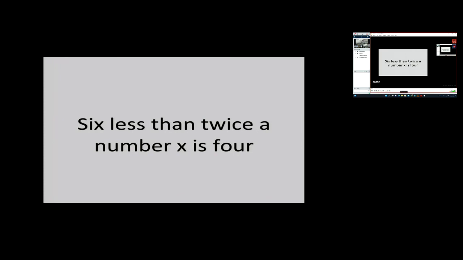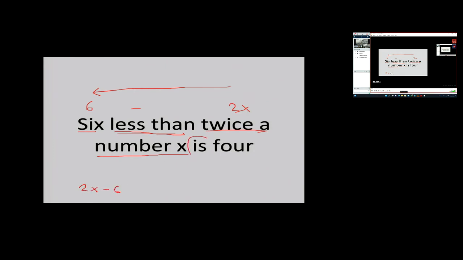What is 6? Less than. Twice a number. Twice a number x, 2x. Less than. What is the direction of less than? So we will have here 2x minus 6.